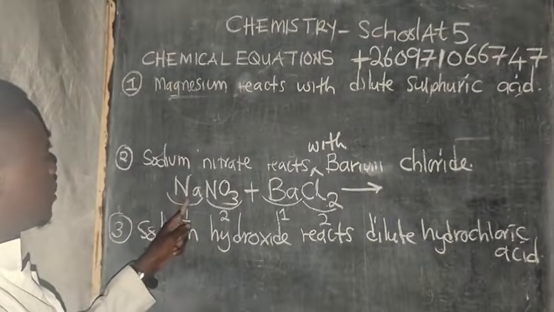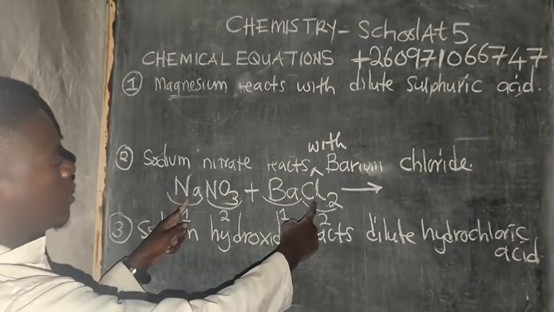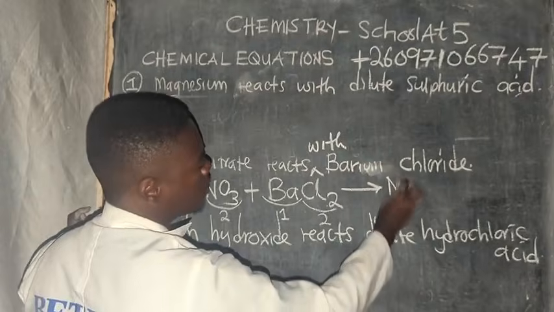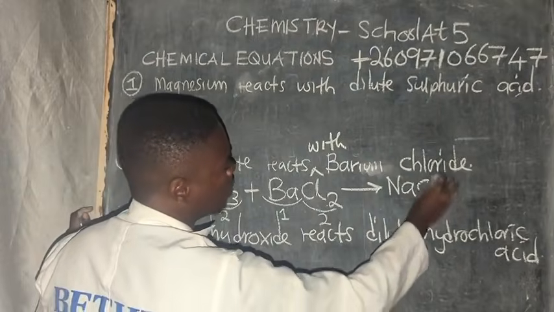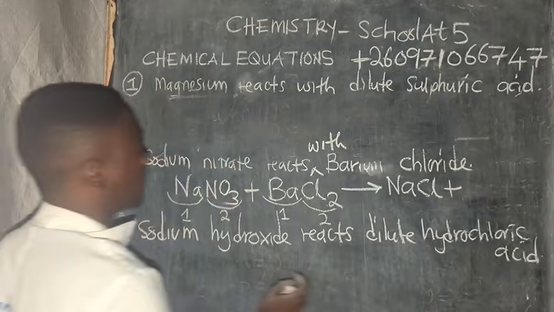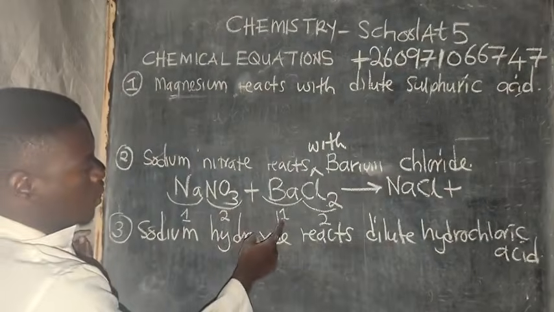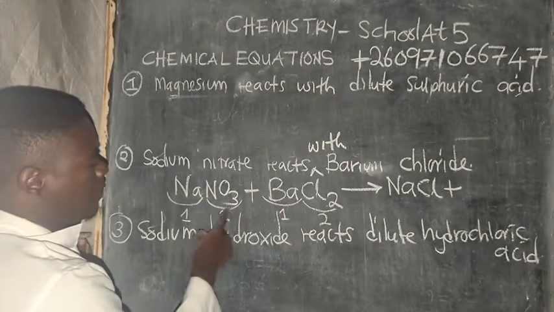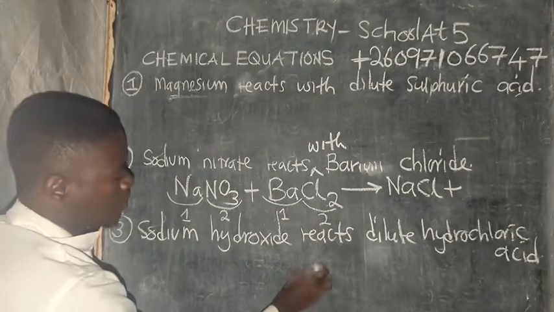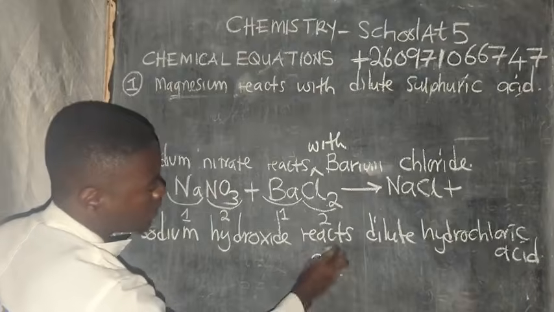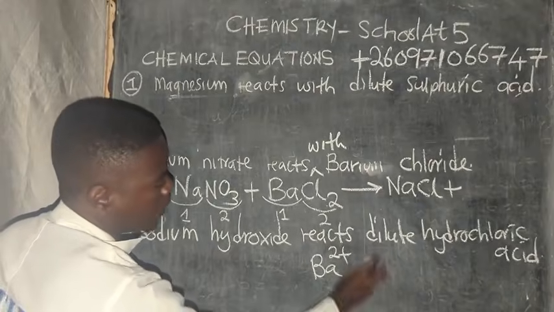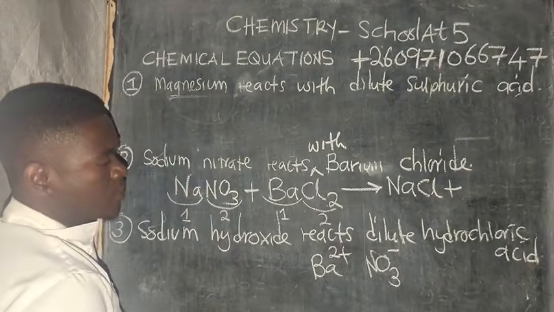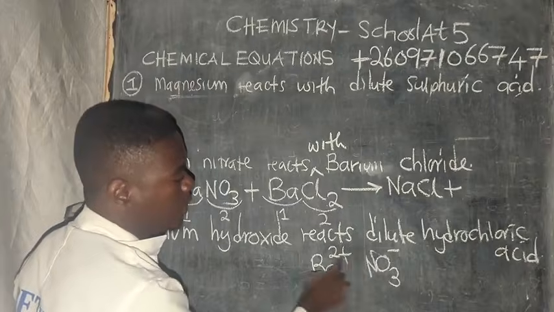So sodium is reacting with chlorine. When sodium reacts with chlorine, what is formed is sodium chloride. Plus, these 2 will go with that one. So what is going to be formed here? Barium nitrate. Barium is 2 plus, nitrate is a minus. Their valences are going to interchange.